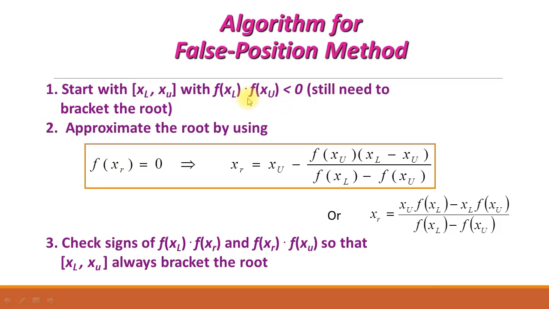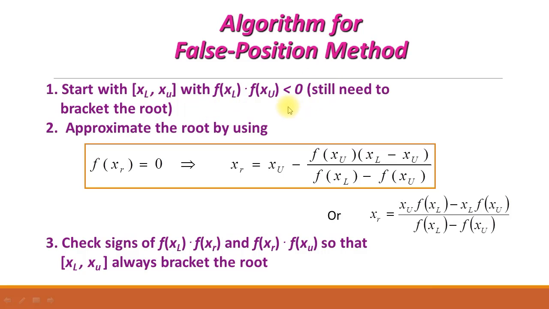This expression means that the sign of the function at xl and xu will be opposite. Then we still need to bracket the root.